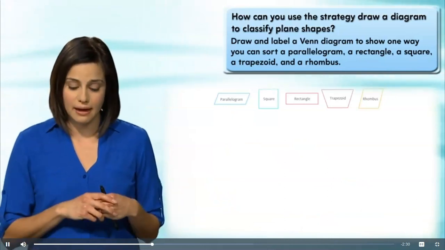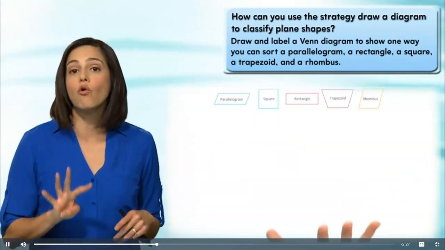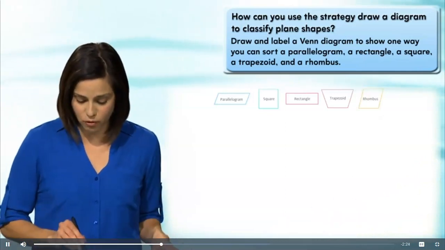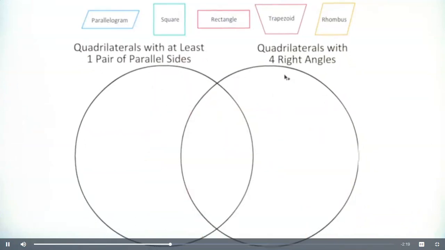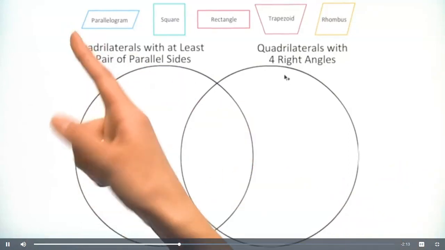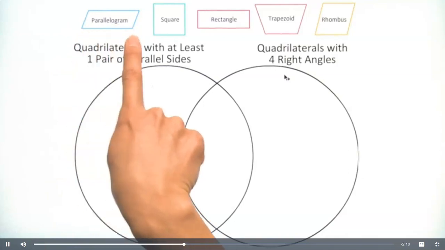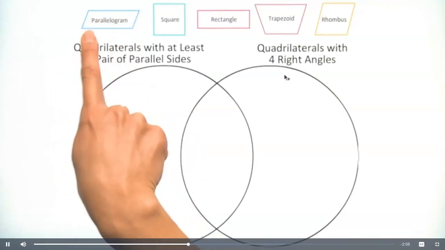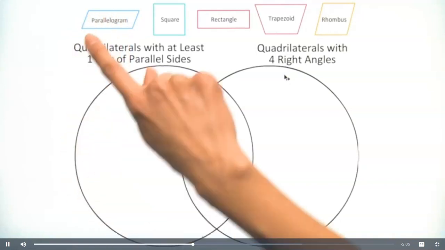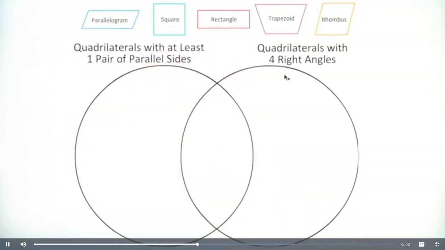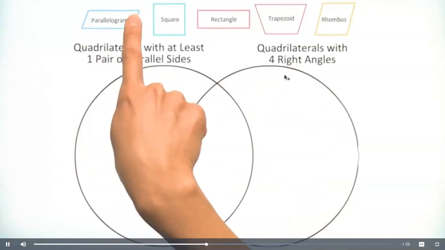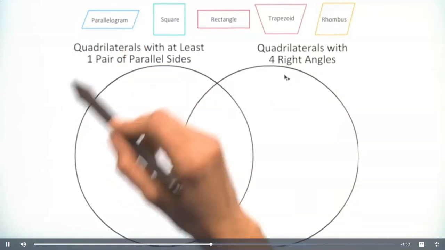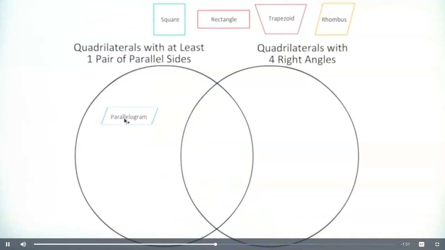Hi there. You know what these remind me of? A Venn diagram. Let's look at today's puzzle. It has to do with Venn diagrams. Draw and label a Venn diagram to show one way you can sort a parallelogram, a rectangle, a square, a trapezoid, and a rhombus. Let's look at our shapes. Here we have them so that you can see what they look like. Now, before we start organizing these in a Venn diagram, let's think about what characteristics they have.